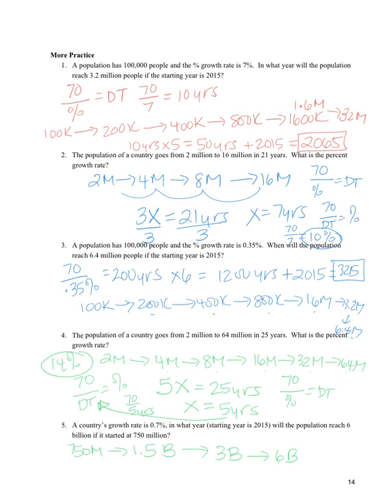I'm going to take my doubling time. 70 divided by 0.7% gives me a doubling time of 100 years. There's 1, 2, 3 doubles, so that's 300 years. So 300 plus 2015 gives me the year 2315. So that's kind of how I go about solving this.